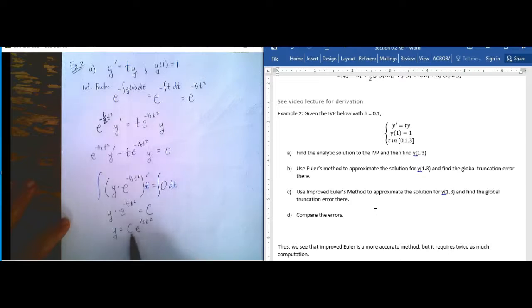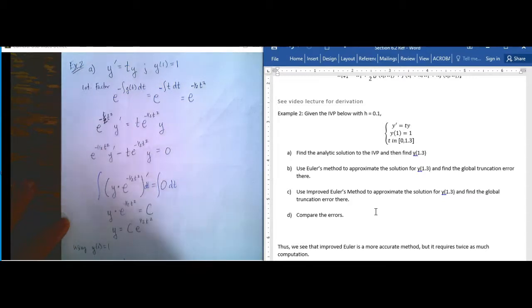So now let's use our initial condition in order to find the c value here. Using y(1) equals 1, we can find that. So y is 1 when t is 1. So 1 equals c times e to the 1/2.